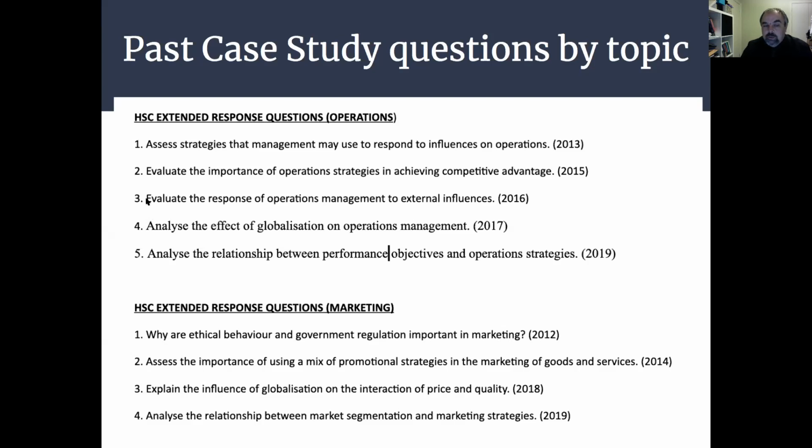Have a look at question 3 in 2016. What do you notice here? These two questions, one year after the other, are very similar. Evaluate the response of operations management to external influences. So it's an operations question on management strategies to external influence, and globalization is our external influence.